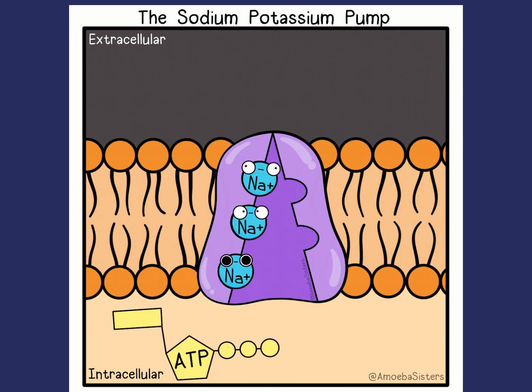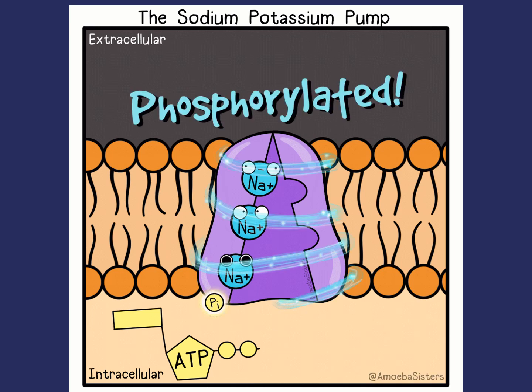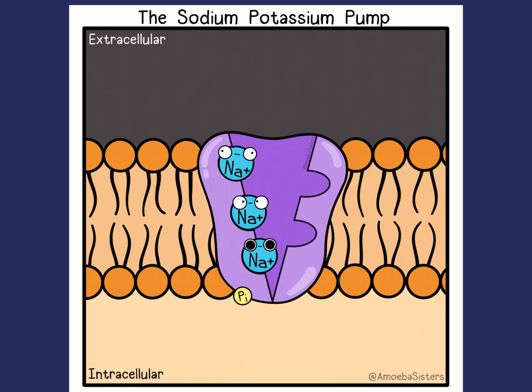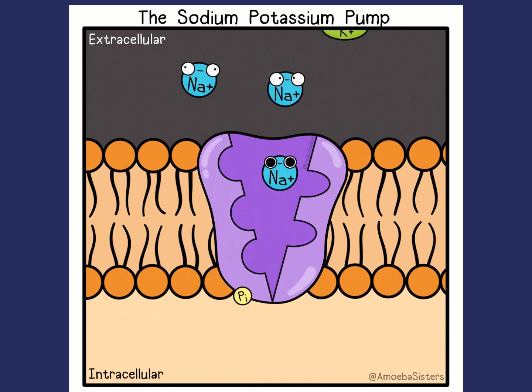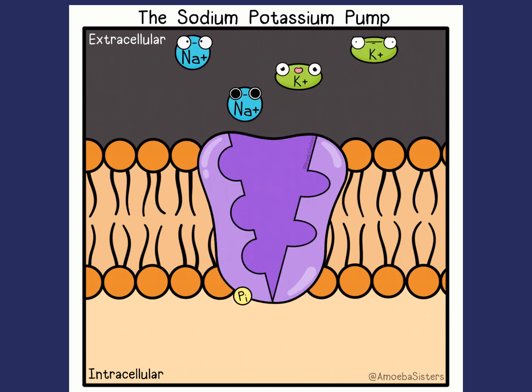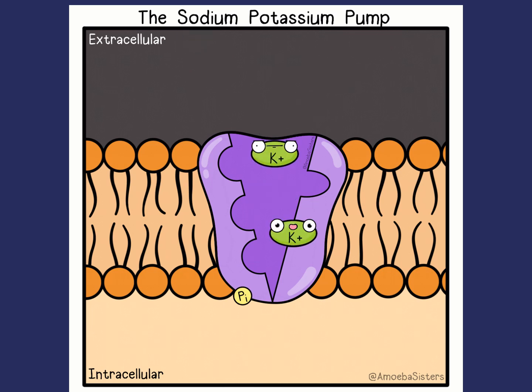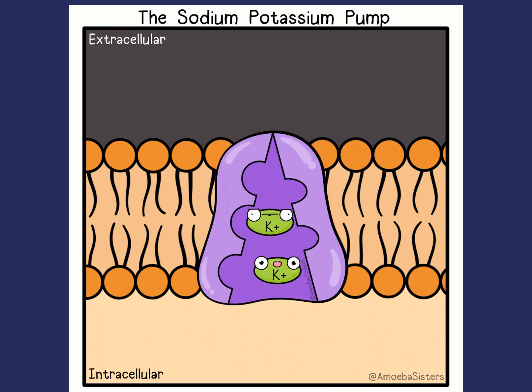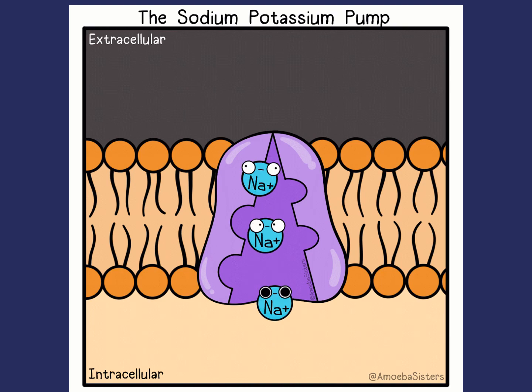The splitting of ATP provides energy to change the shape of the channel, and the sodium ions are driven through the channel. The sodium ions are then released to the outside of the membrane, and the new shape of the channel allows 2 potassium ions to bind. The phosphate is released, which allows the channel to revert to its original form, and this is when potassium ions are released on the inside of the membrane.